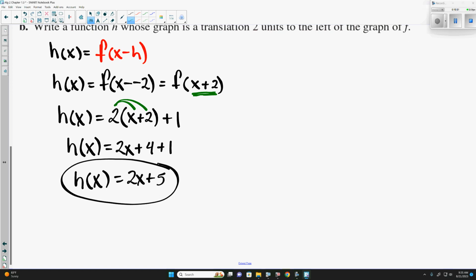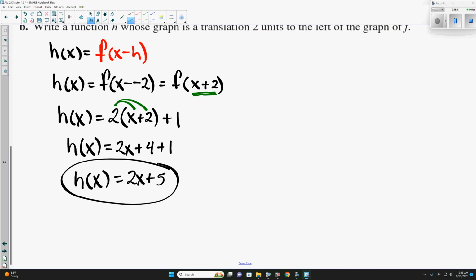So the graph of our function 2x plus 1, translated 2 units to the left, becomes 2x plus 5. Any questions on this here?